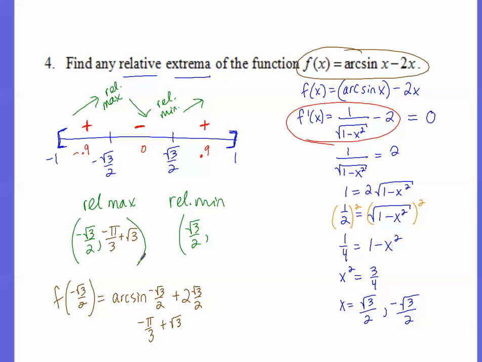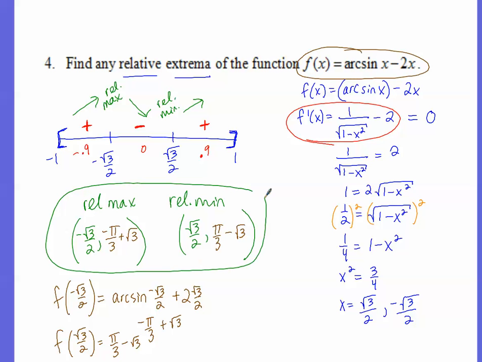Similarly, we can plug in radical 3 over 2, the positive version. The positive version will give us positive pi over 3, and the positive here will give us minus radical 3. So pi over 3 minus radical 3. And there we have our relative max and our relative min.